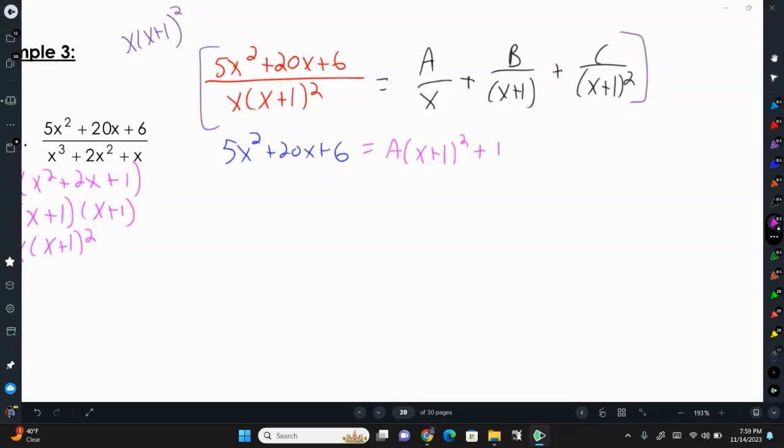So it's going to be b times x plus 1. And then when we distribute it to the c term, the x plus 1 squareds will be canceled, so it's going to be c times x.